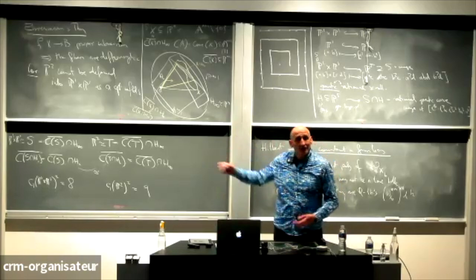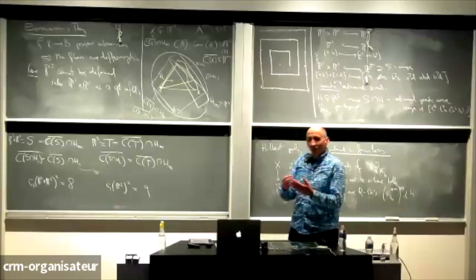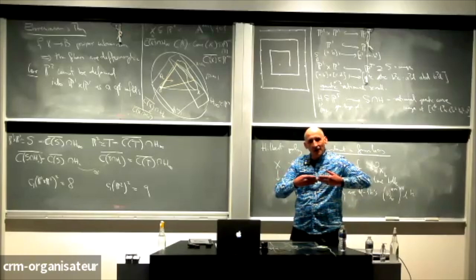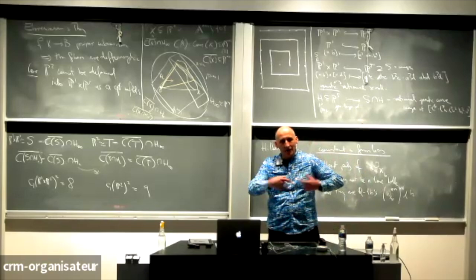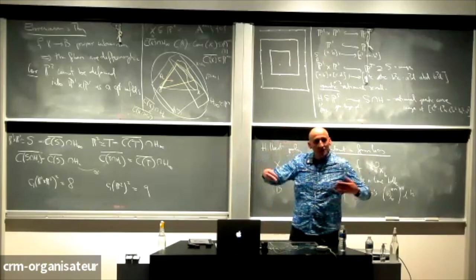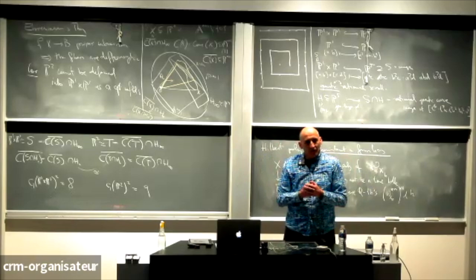So that's actually not an allowable deformation, which is good, because even though we go through something singular, we still wouldn't want P1 cross P1 and P2 to be in the same moduli. If both of these were allowed, then they would end up in the same connected component of some moduli space, and that wouldn't be very good.